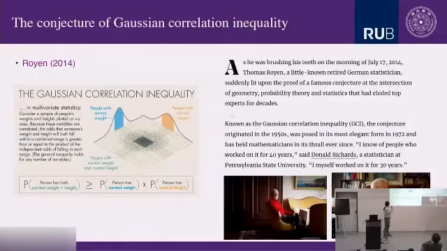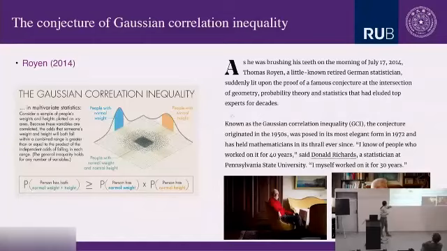This is one procedure in the proof. We want to analyze the bootstrap quantile behavior, which is a Gaussian distribution. So we use the results from Royen 2014, the Gaussian correlation inequality.